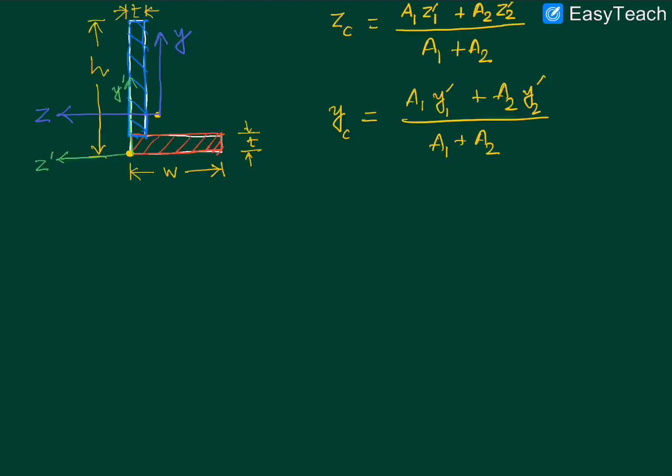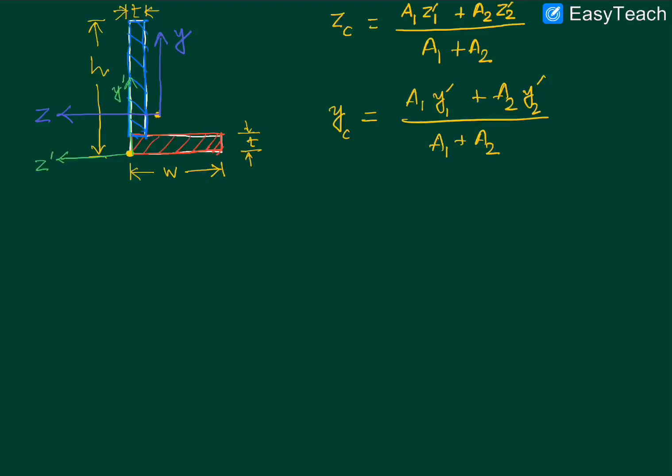But the moment we set up our y-axis and the z-axis at the centroid, you note that referred to this new coordinate system, the coordinate values of the centroid are nothing but 0 and 0. So this centroid has the coordinates 0 and 0 referred to the y-axis and the z-axis, because that is where the origin lies.